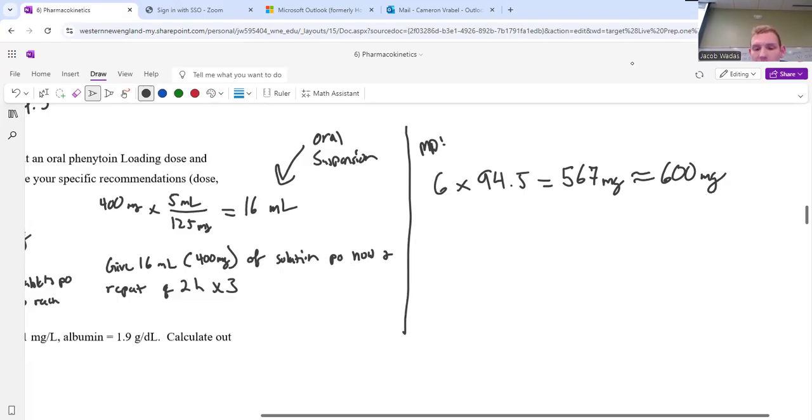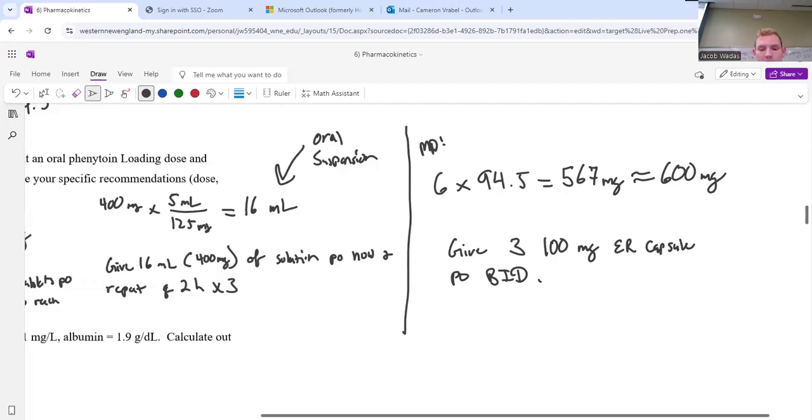The way that we would write our directions here is give 3 100 milligram ER capsules by mouth BID. Any questions? Does that make sense?